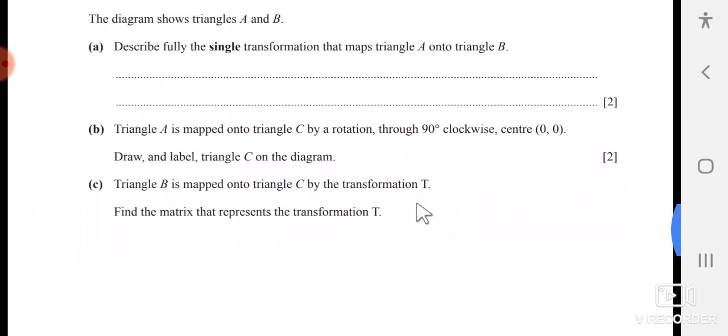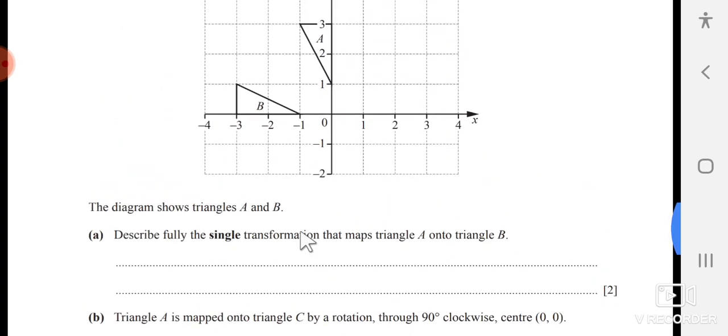And now in the same way, triangle B is mapped by T. Here it has given you the object and image, because this C which you just drew in the first part is the image of this. So you may write, let's say, a, b and c, d as the general transformation matrix. Multiply this with the coordinates of B. This is minus 3, 0 and minus 3, 1 and minus 1.